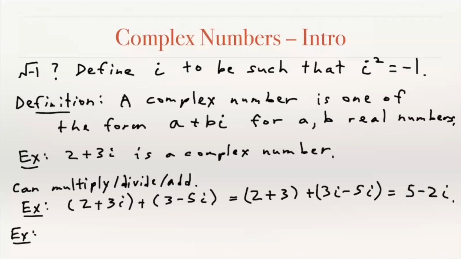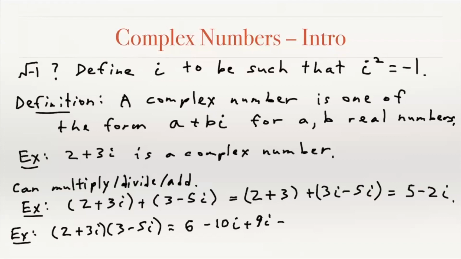And we can multiply them. So for example, multiplying these two complex numbers, all you do is you FOIL it out. So foiling this out, we have 6 minus 10i plus 9i minus 15i squared.